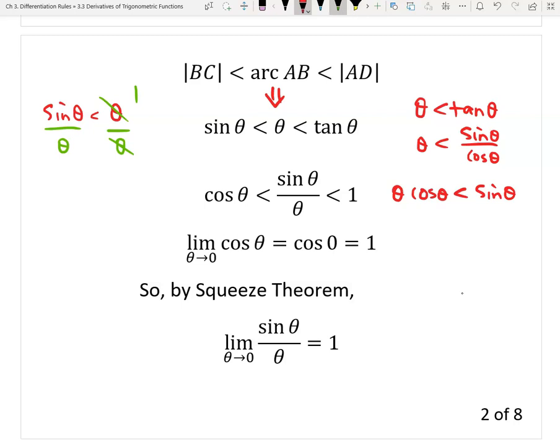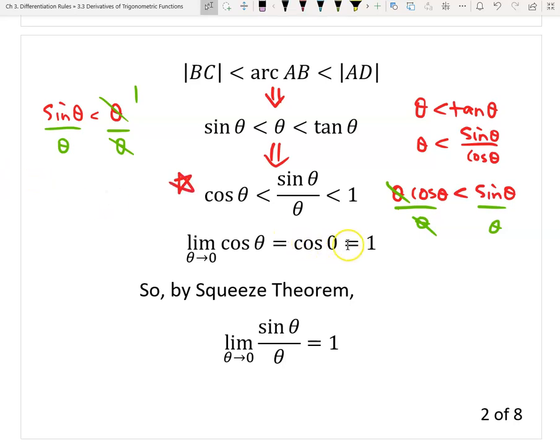Now I just divide by theta on both sides, and the theta cancels. What do we have? We have sin theta over theta greater than cosine theta, which means this part. So we have these results. That's the most important.